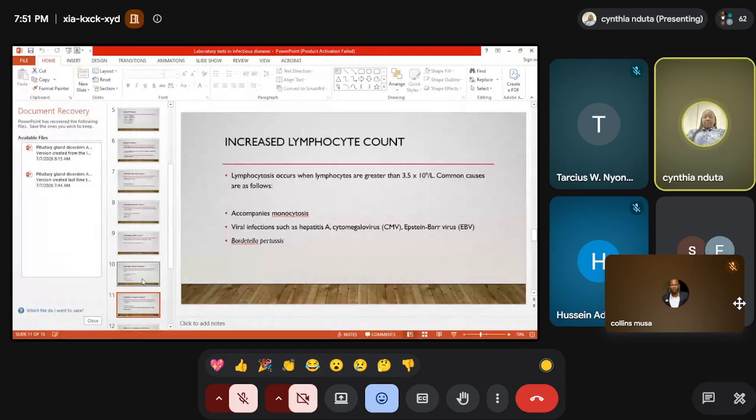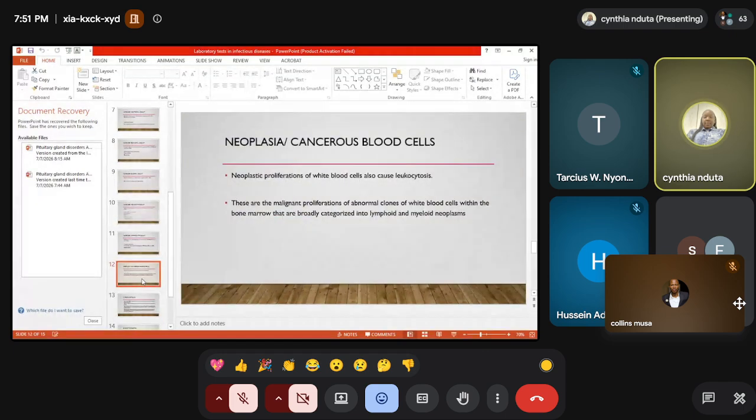Now the next question is, is it bacterial or is it viral? That's the question you have to answer. And therefore, one of the reliable things to consider is the lymphocyte count. If it is greater than 3.5 times 10 to power 9, consider it a viral infection. And that becomes very useful even in terms of deciding what antibiotics to put the patients on.